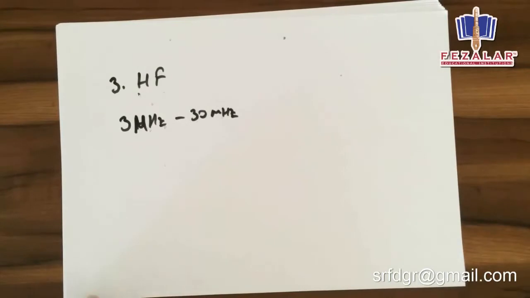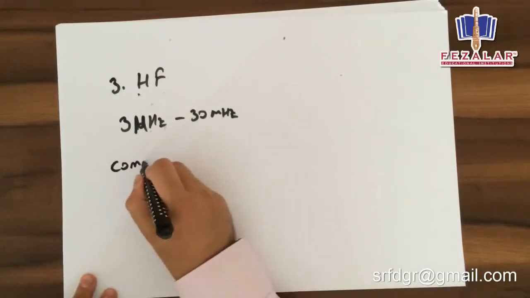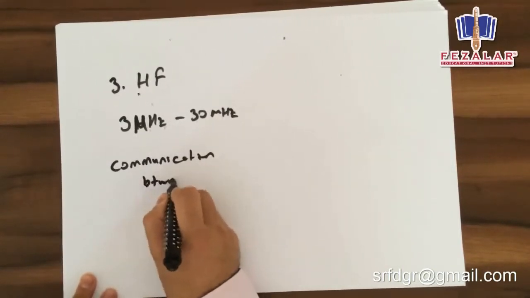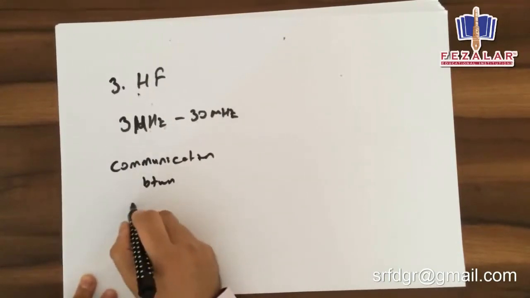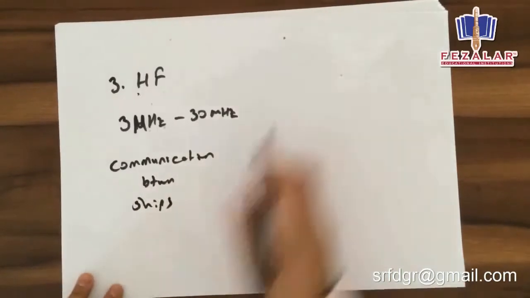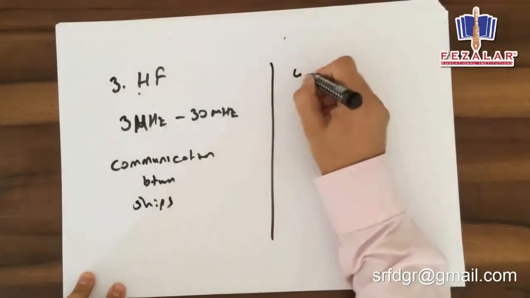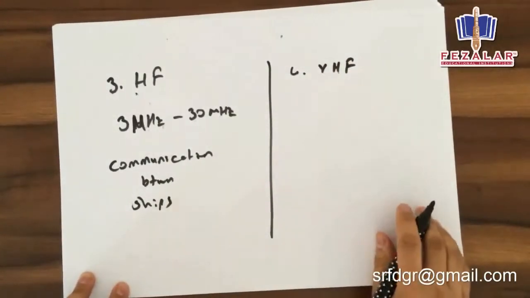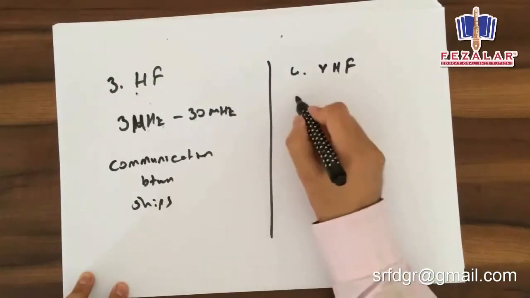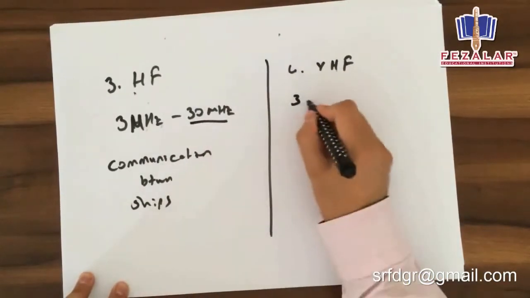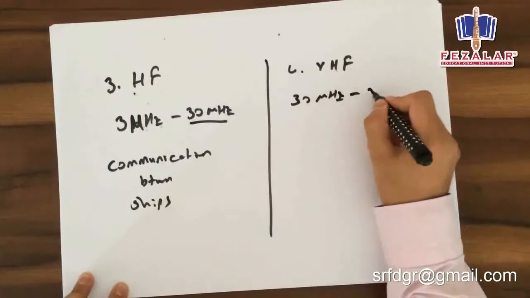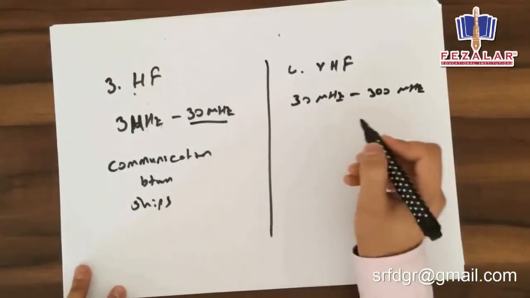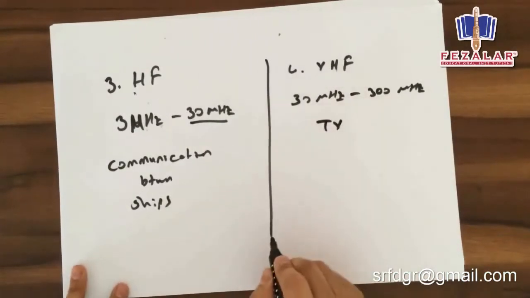They are used in communication between airplanes and ships. And the fourth one is the very high frequency zone. What is its range? Between 30 megahertz and 300 megahertz. Where are they used? They are used in TV broadcasting.